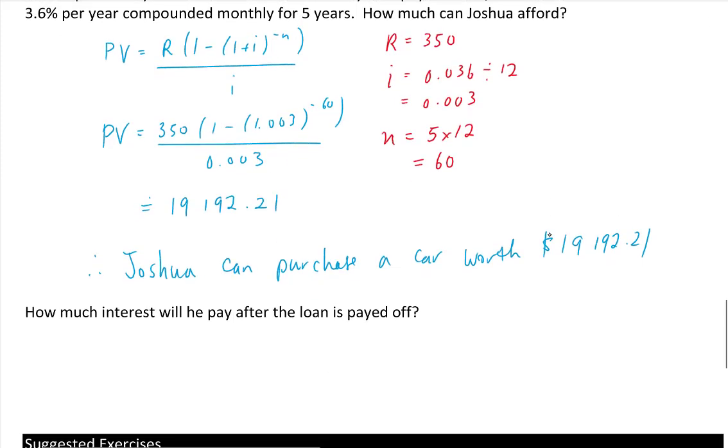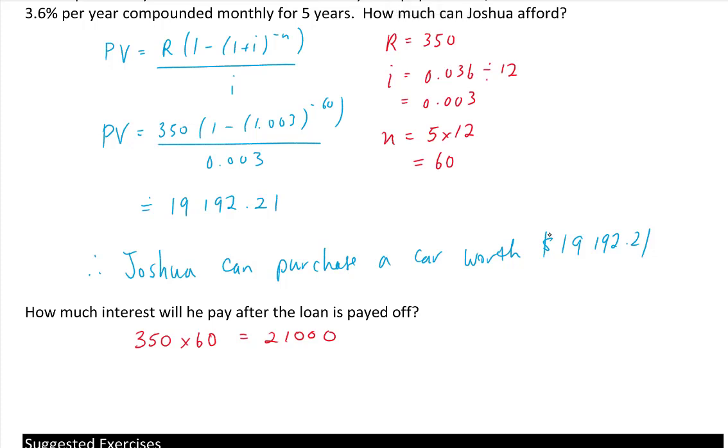So if Josh buys a car for $19,192.21, how much interest will he pay after this loan is paid off? So let's go through the steps again. He paid $350 per month for 5 years, so that's 60 months. So that means he paid $21,000 for the loan.